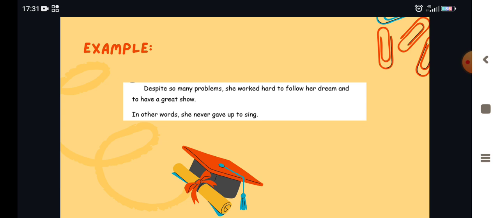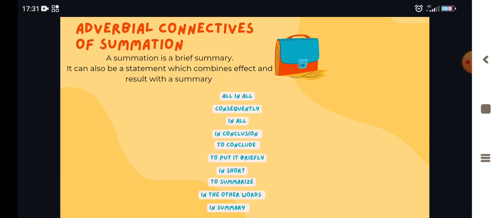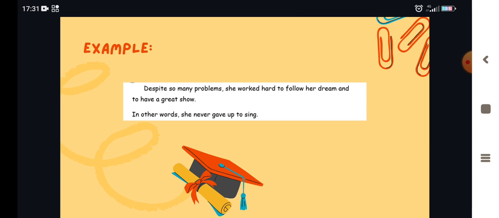Maybe to understand better, let's read an example. Despite so many problems, she worked hard to follow her dream and to have a great show. In other words, she never gave up singing. If you notice, we have a little complete paragraph, and we can use the adverbial connectives that we saw to make a brief summary.